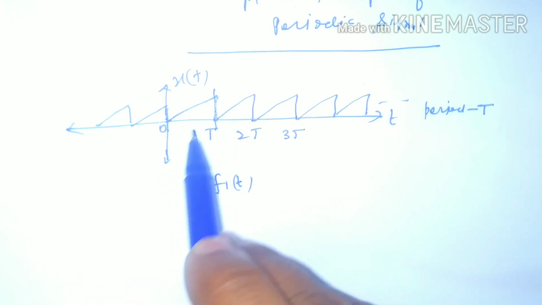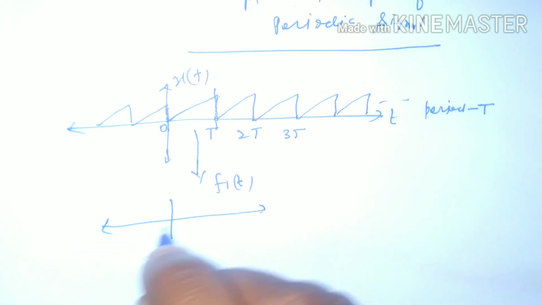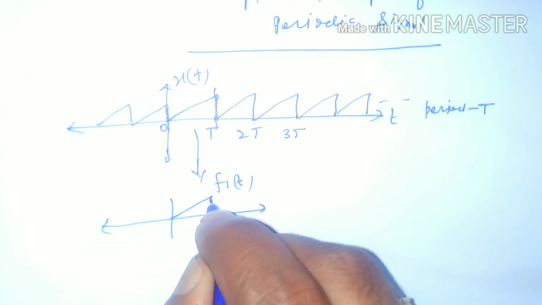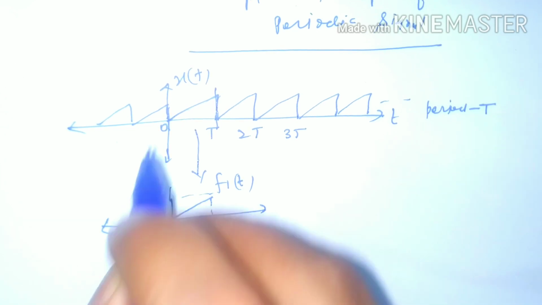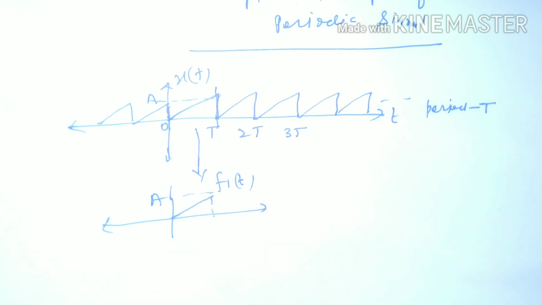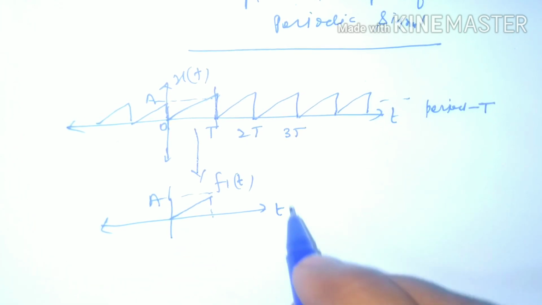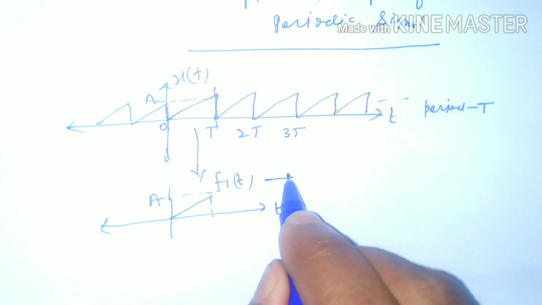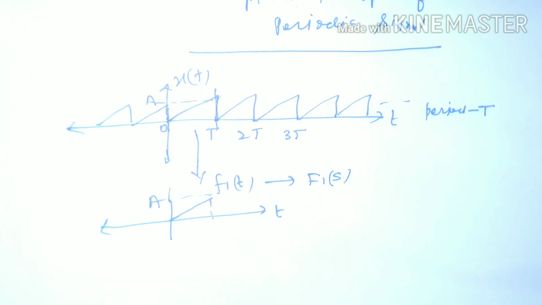This is the unit cycle signal, and its amplitude is A. So at first we have to find the Laplace transform of this signal. Let the Laplace transform of this signal be F1(s).